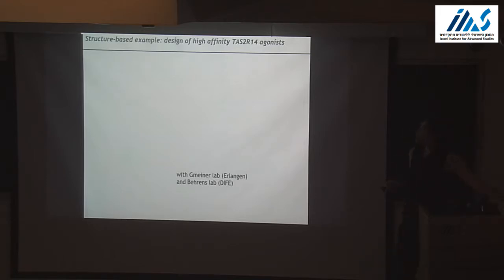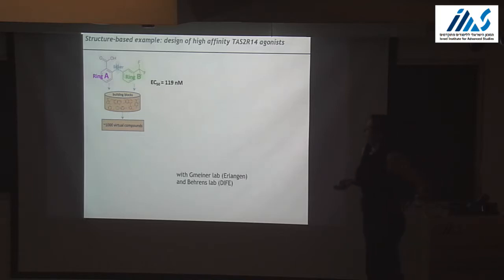So we knew that it seems to have the binding site at least in the right position. But here we started from one ligand, one agonist that was pretty good, one of the best that we had for this receptor, flufenamic acid.